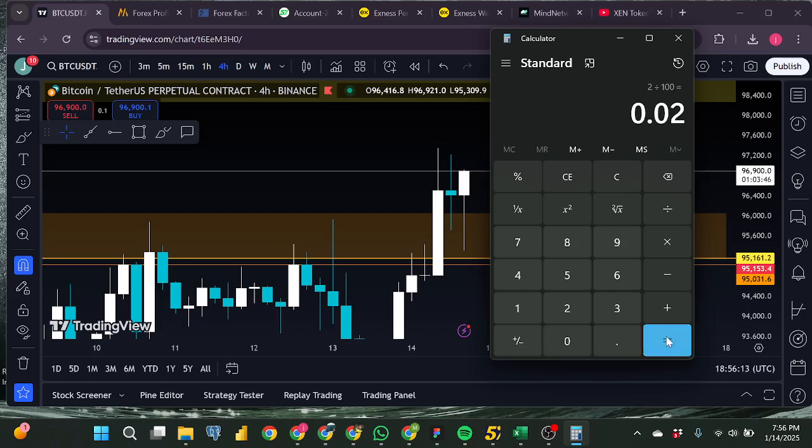Now, if you have $100 in your account, in your exchange, like surely if you have $100 in your Mexi account and you want to buy Bitcoin, how much? The question is not how much should you use to buy. No, that's not the question.